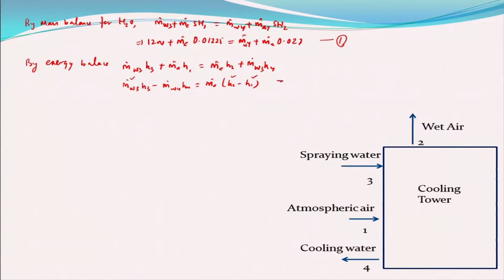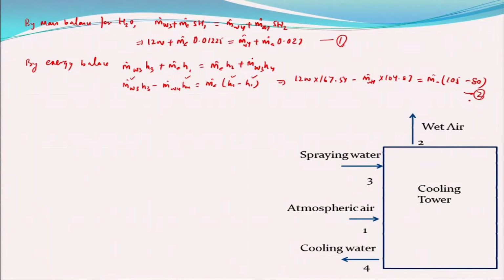So we can write 1200 into H3, which is 167.54, minus MW4 into H4, which is known, 104.87, equal to M dot A into 105 minus 80. This we already know from the psychrometric chart. So you will get equation 2 here.